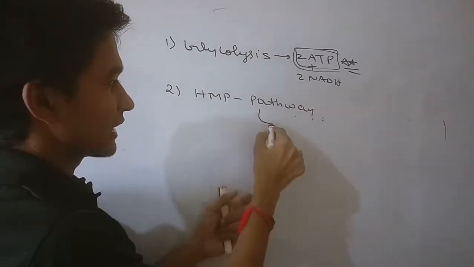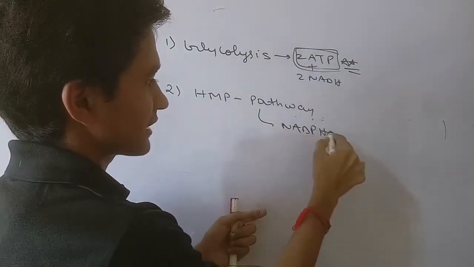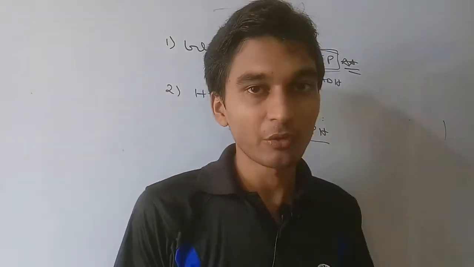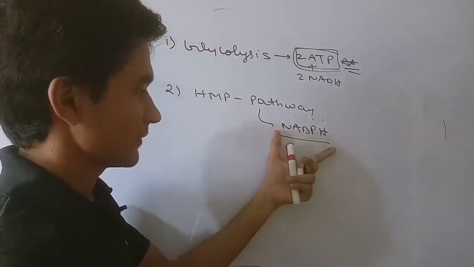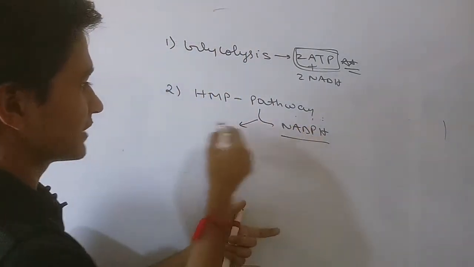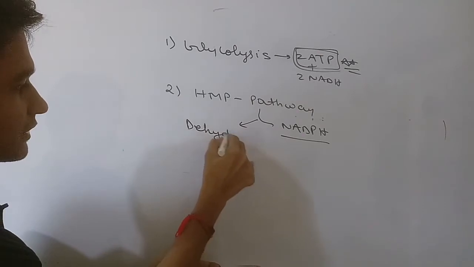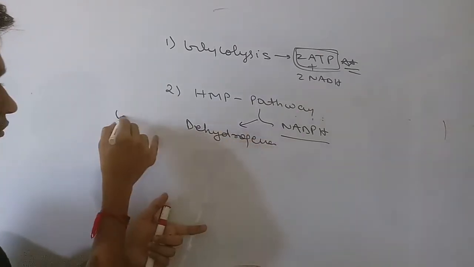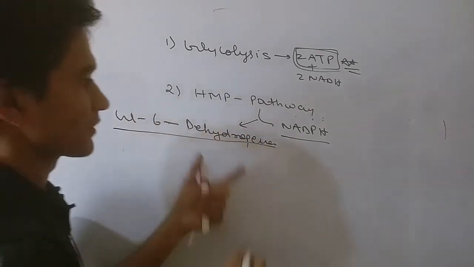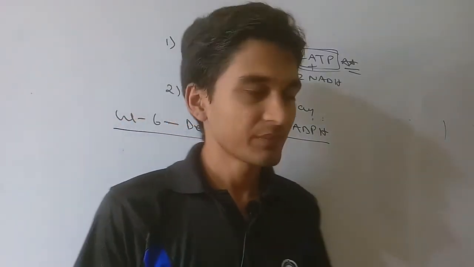Through this HMP pathway in RBC, NADPH is synthesized, okay, which is a reducing equivalent. This NADPH is synthesized by a dehydrogenase enzyme, the glucose 6-phosphate dehydrogenase enzyme, the first enzyme in the HMP pathway, okay.